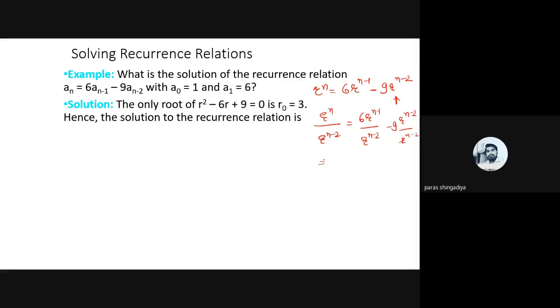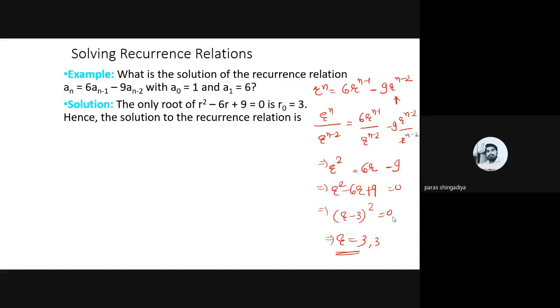Okay, now simplify it. It is r^2 = 6r - 9, and that will be r^2 - 6r + 9 = 0, and that is (r - 3)^2 = 0. Okay, and that is r = 3. Clear? 3, 3, but it is a repeated value.